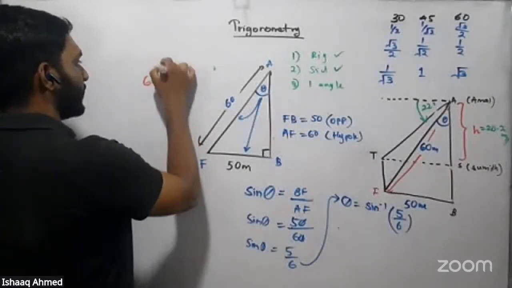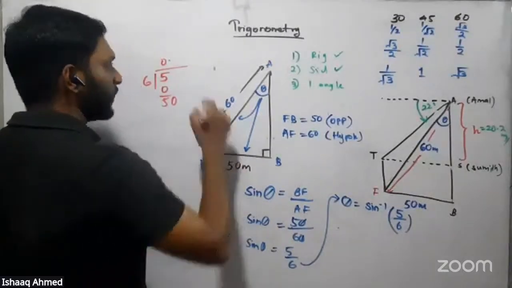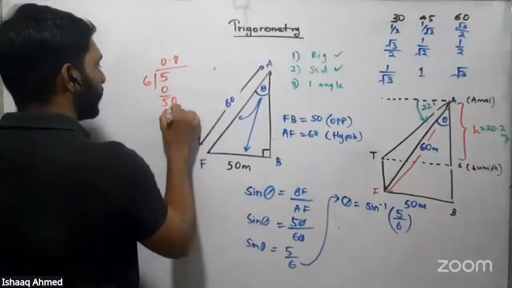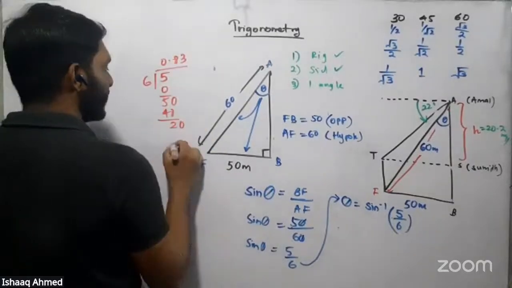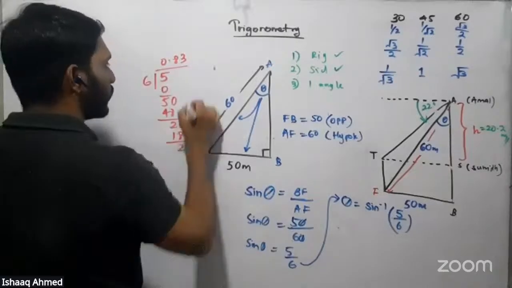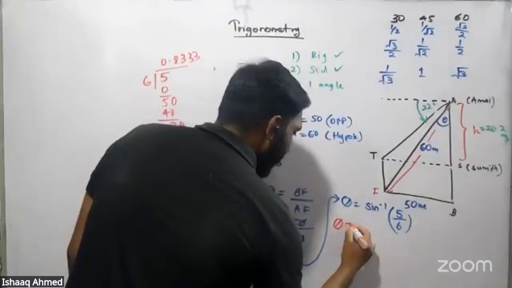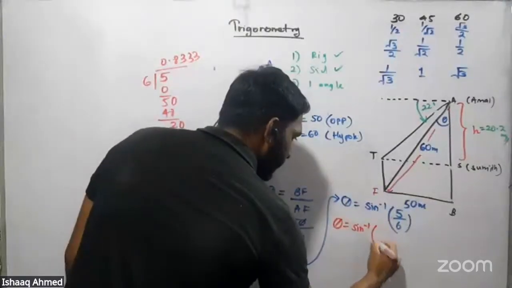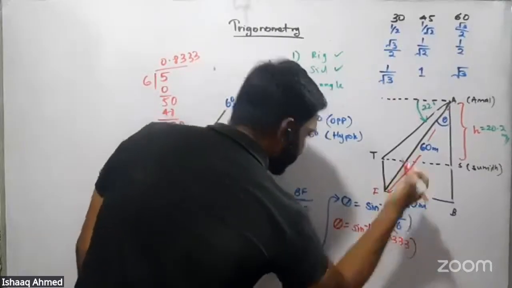So if you divide 5 by 6: inside 50, how many 6s are there? 6 8s are 48, remainder 2. Inside 20, how many 6s are there? 3 6s are 18, remainder 2. Then again 3, 3. So theta equals sine inverse of 0.8333.